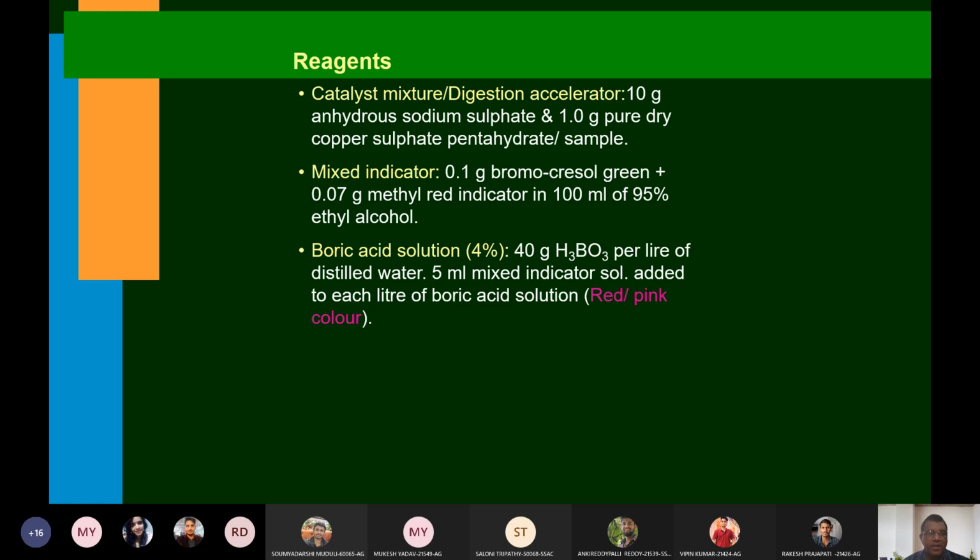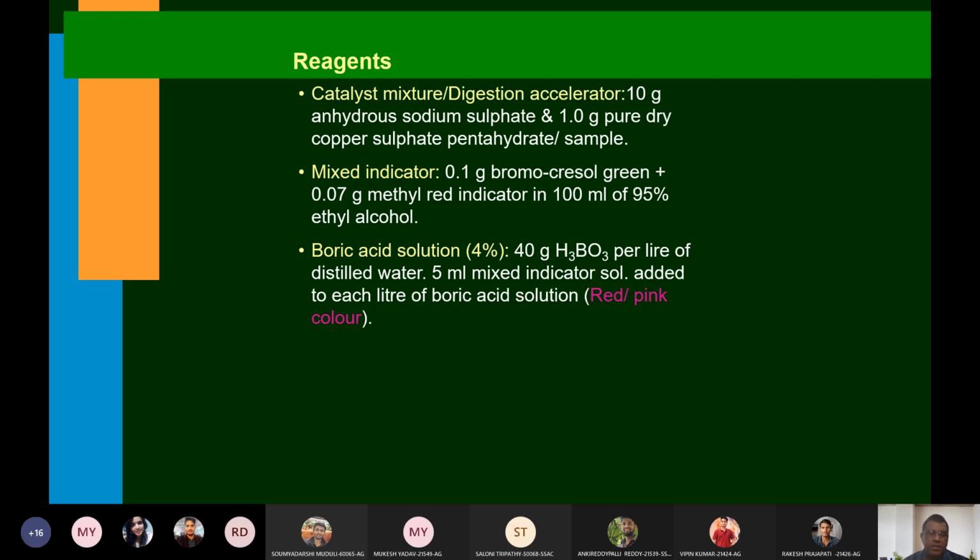Now the mixed indicator, how to prepare it? 0.1 gram bromocresol green, a compound which acts as an indicator, plus 0.07 gram methyl red indicator. This is the ratio in 100 ml of 95% ethyl alcohol.